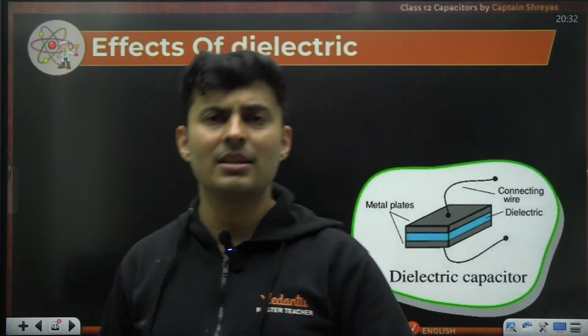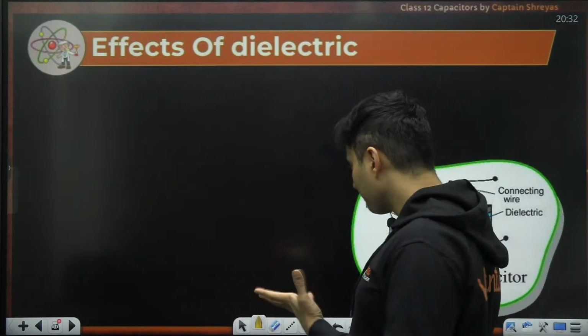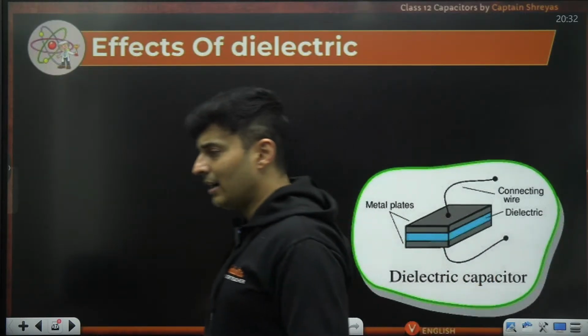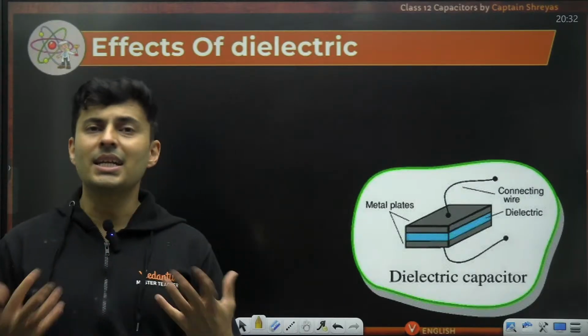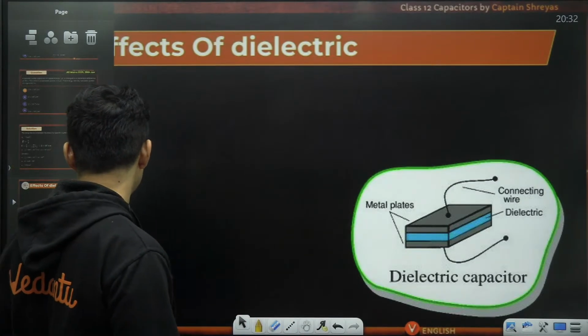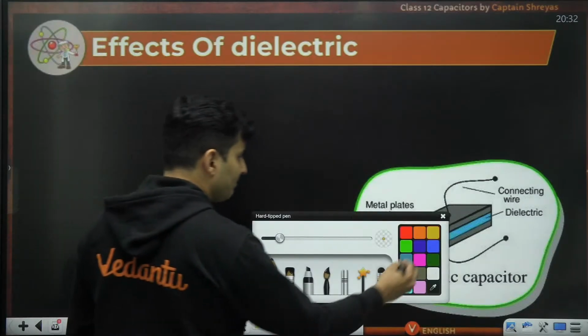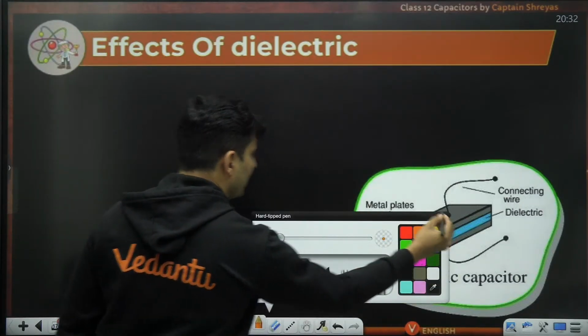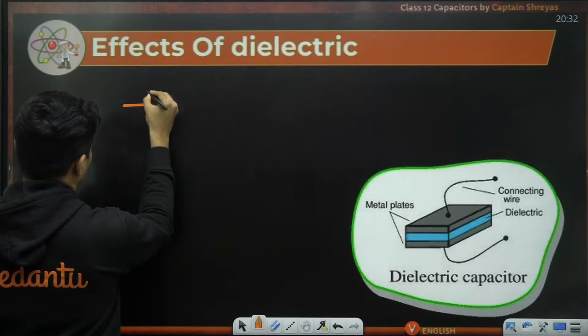We have discussed this in detail in the previous session. Now, what does a dielectric do? Simply put, it just increases the capacitance. Why does it really increase the capacitance? I'll give you a simple example. Imagine there is a capacitor.